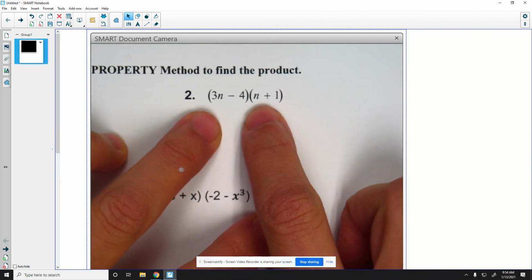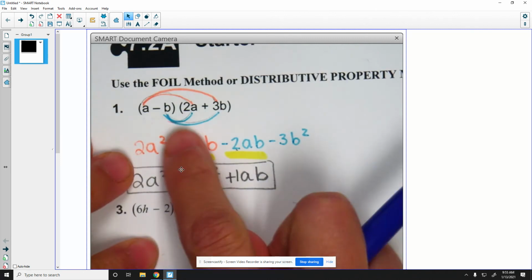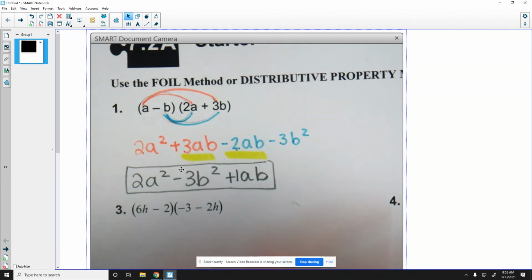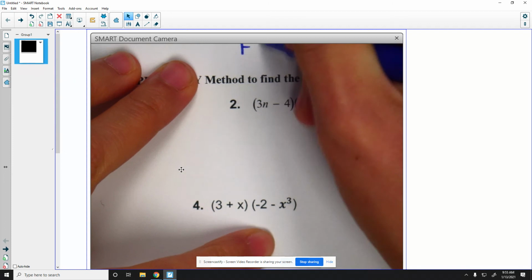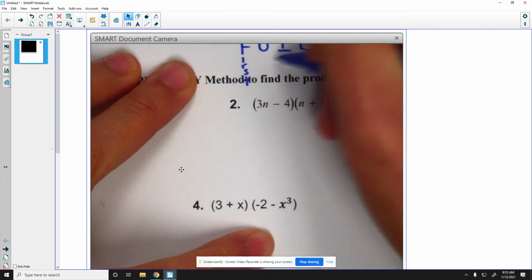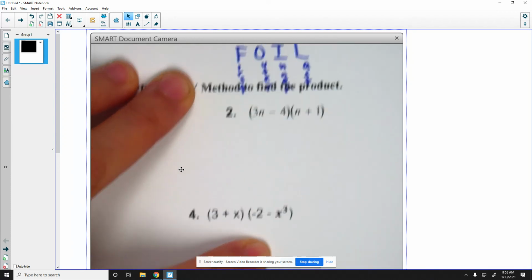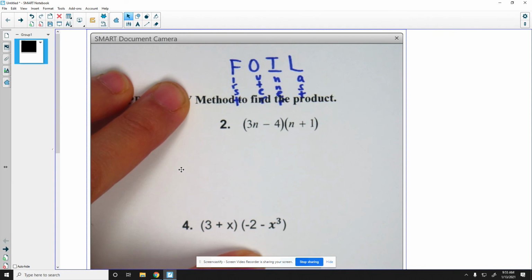So let me show you how to do this doing FOIL. But again, if you don't like FOIL and you want to do it the way that we did it here, sure, same thing. So FOIL stands for first, outer, inner, and then last. That's what FOIL stands for. First, outer, inner, last.